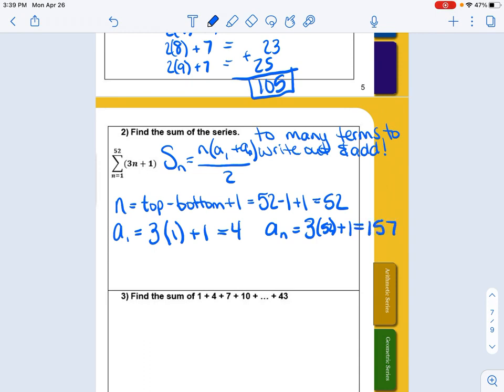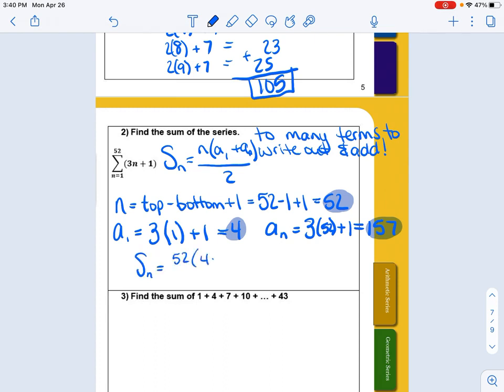And we get 157 when you take 3 times 52 plus 1. So we need to know our n value, our first value, and our last value. Now we can plug in n, a sub 1, and a sub n to find our solution.